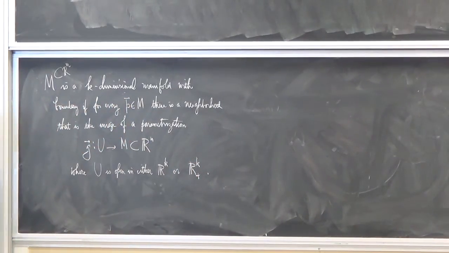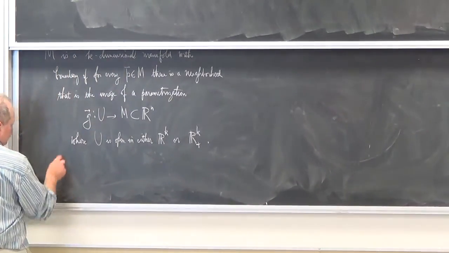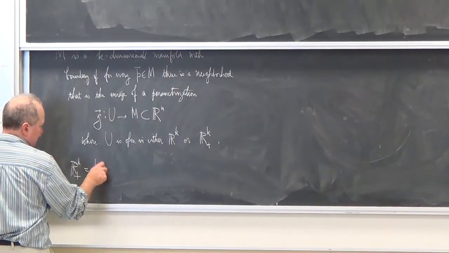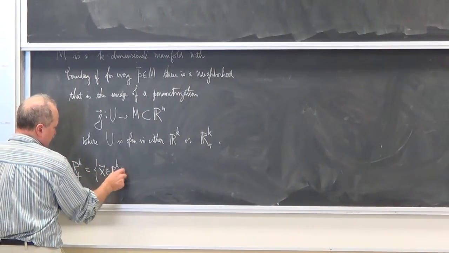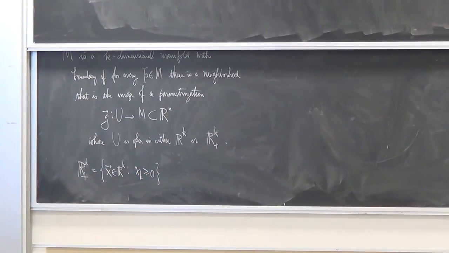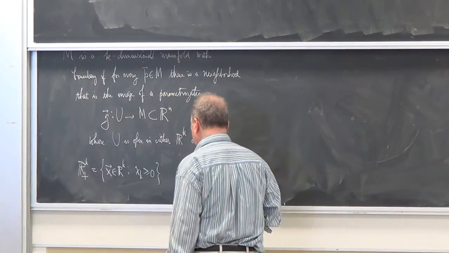So remember R^k_+ was the upper half plane, so it's the points whose kth coordinate is greater than or equal to 0. So x_k is the kth component of vector x? Yeah.